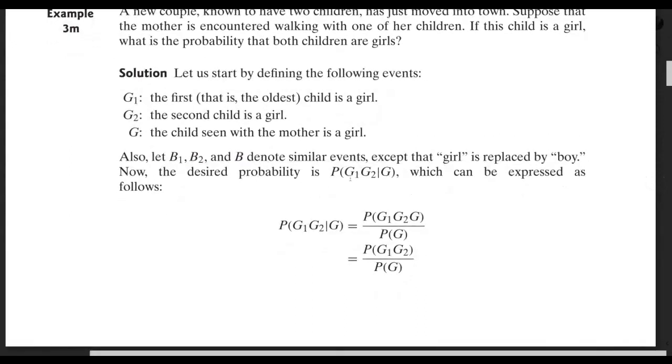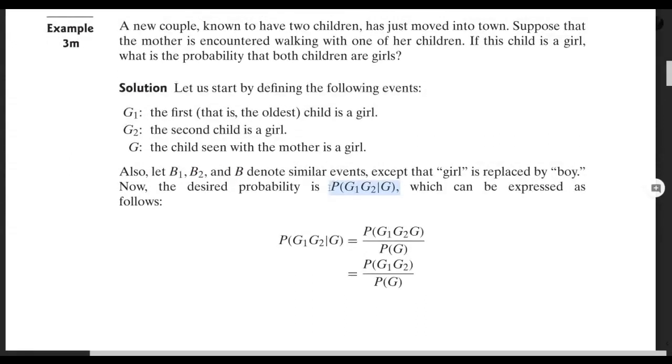So now the desired probability: the child walking with her mother is a girl, already known, and both children are girls, so G1, G2.